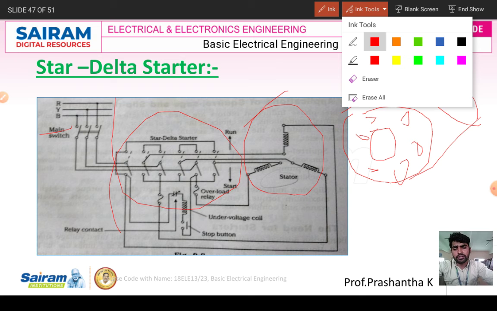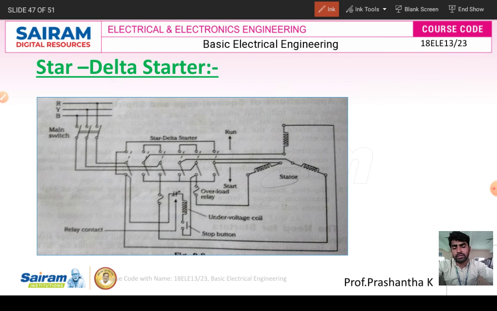Why do we use the rotor relay contacts here? Because if the rotor is in a blocked condition, a jam condition, the rotor is not rotating, at that time it carries more current. When more current is present, automatically this star to delta starter contact will open and it will trip off. Automatically it will switch off the induction motor supply. That purpose we have the relay contact.